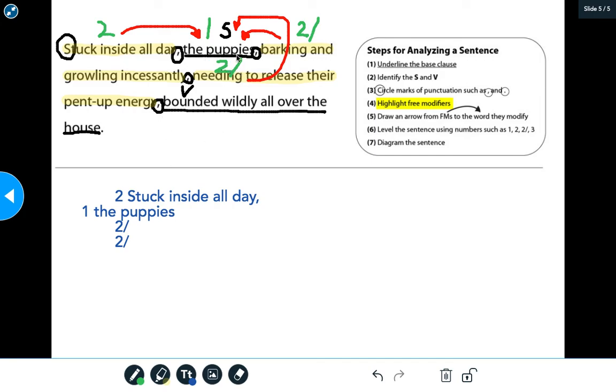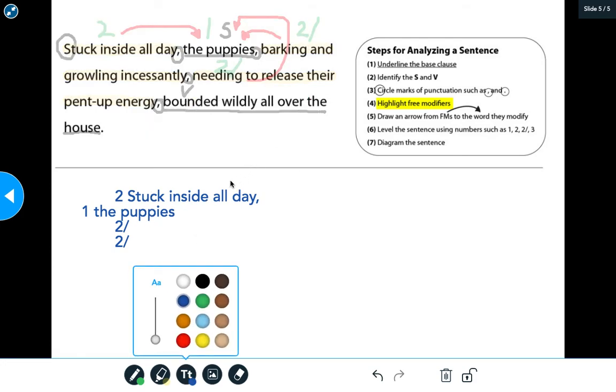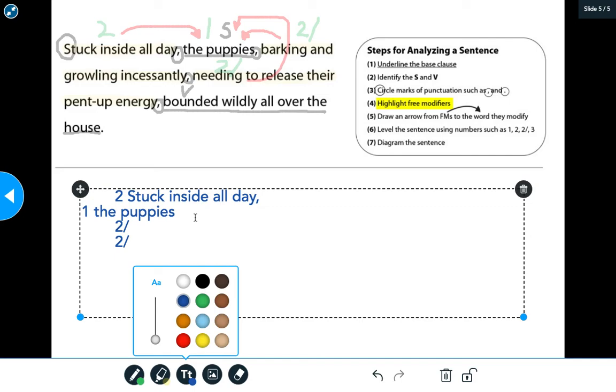So the puppies, comma, slash, comma, slash, comma, bounded wildly all over the house. Period. All the punctuation is in the initial position free modifier and the base clause.